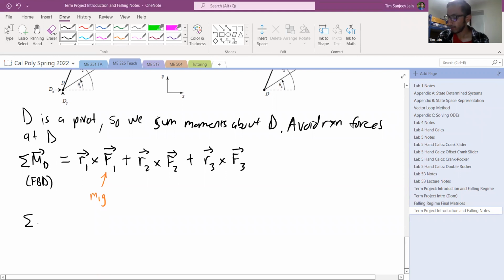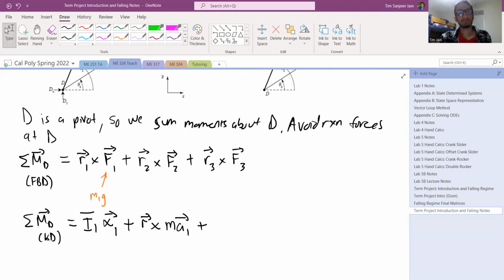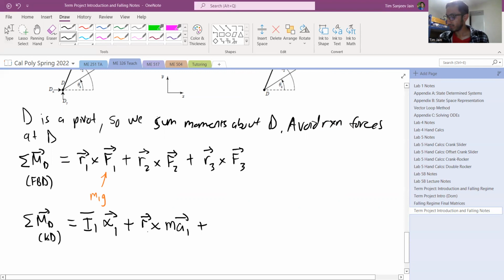Now, on the kinetic diagram side, we have the sum of the moments about D on the KD. So we're going to have our inertia terms, I bar 1 alpha, plus the angular momentum terms, and so on and so forth for the other links.